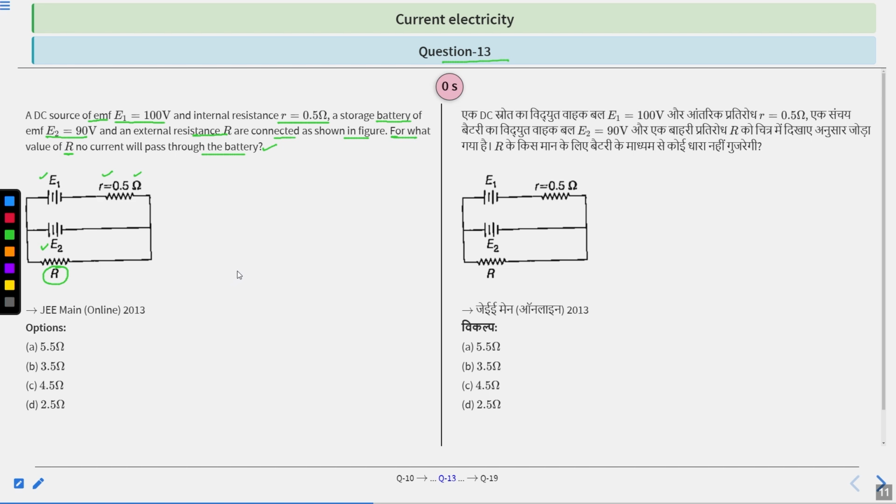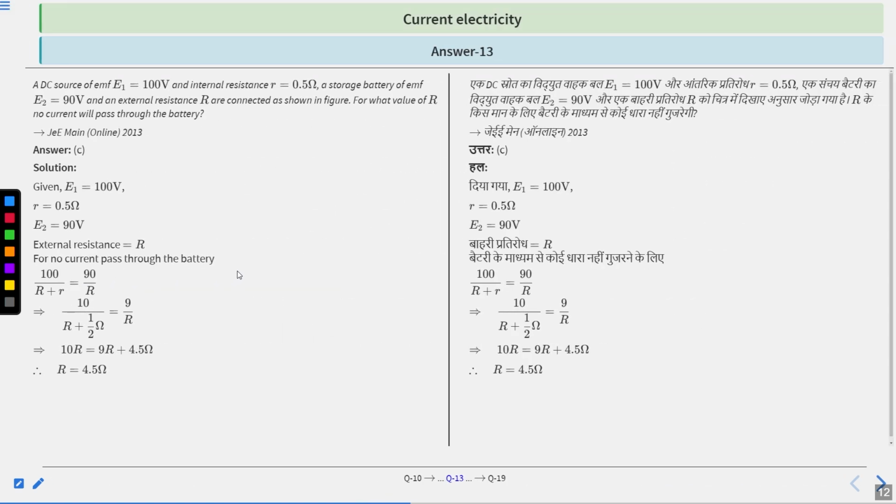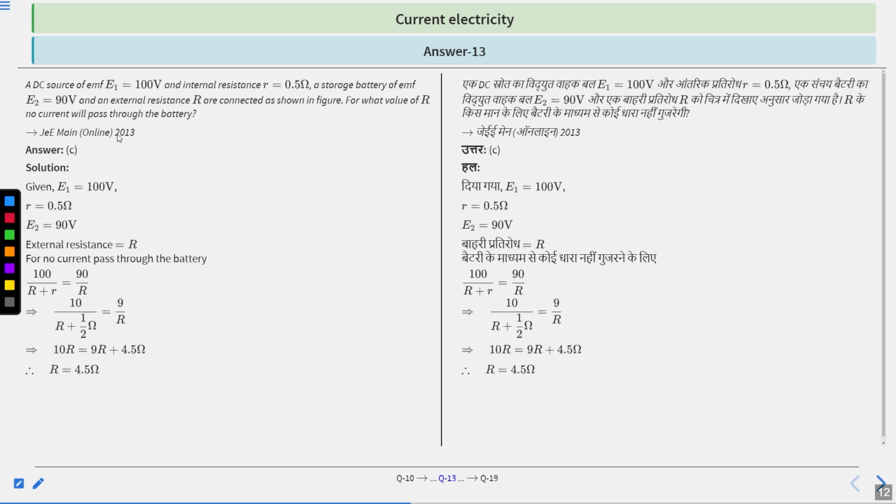Let's find the solution. Here EMF E1 is 100 volt and E2 is 90 volt, which is given in this question. Internal resistance is 0.5 ohm and we have to find the value of R. Clear?